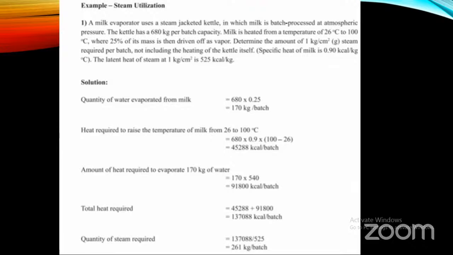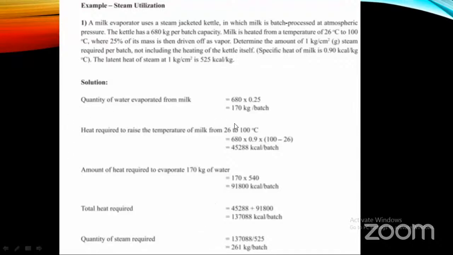Determine the amount of 1 kg per centimeter square steam required per batch, not including the heating of the kettle itself. Specific heat of milk is given as 0.9 kilocalories per kilogram degree Celsius. The latent heat of steam at the pressure of 1 kg per centimeter square is 525 kilocalories per kg. So this is the problem. We need to find out the quantity of steam required.